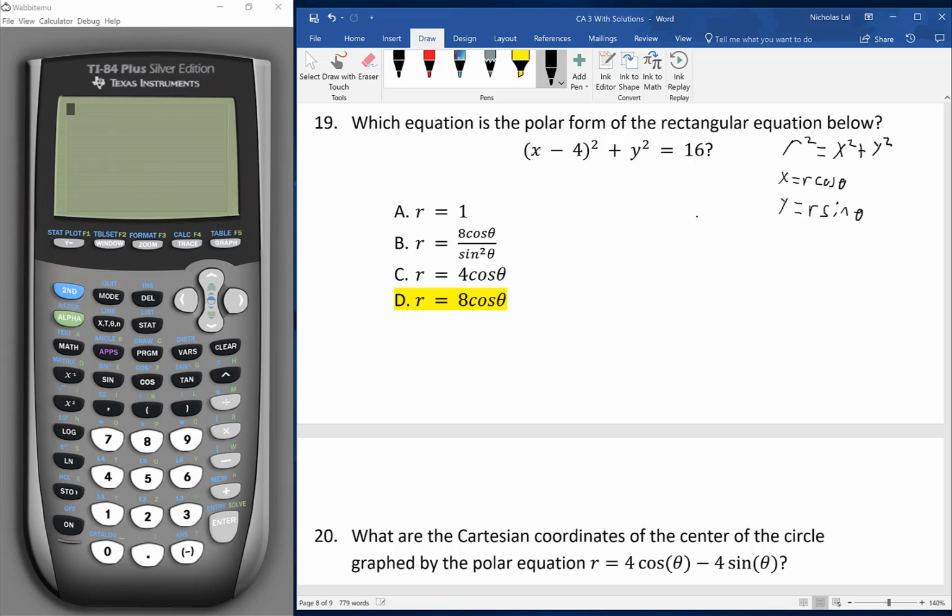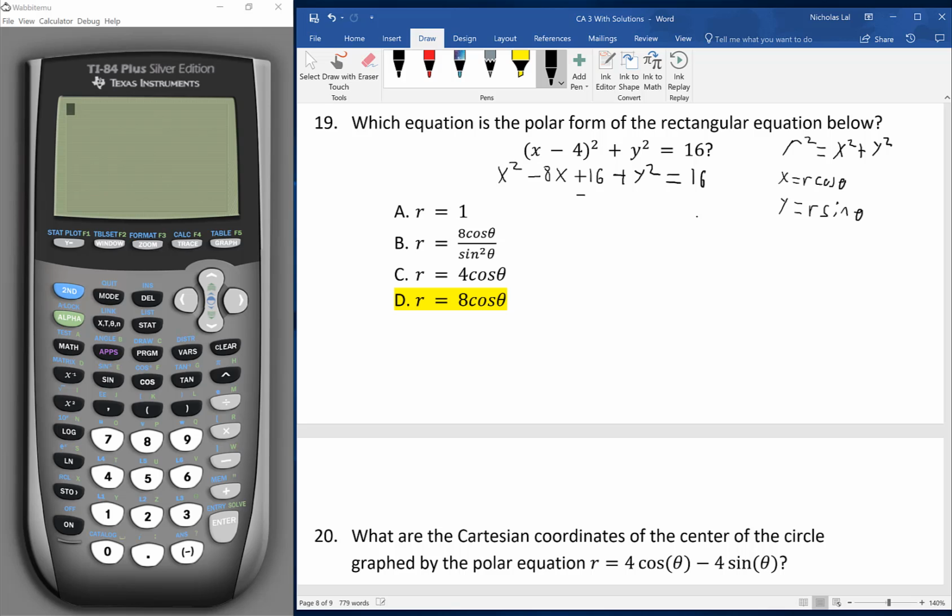So if we expand this out, this will be x squared minus 8x plus 16 plus y squared is equal to 16.